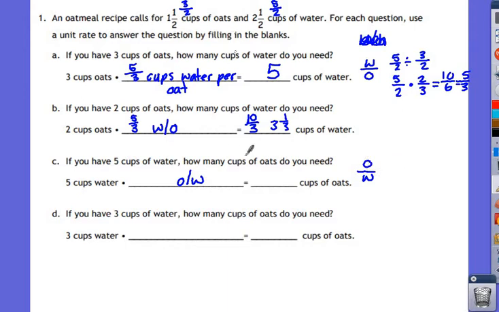So I need to rework my scale factor here. So oats, I use the fraction 3/2. So I have 3/2. This is the division problem, so I'm going to write divide. Water is 5/2. We never divide fractions, we keep, change, flip.